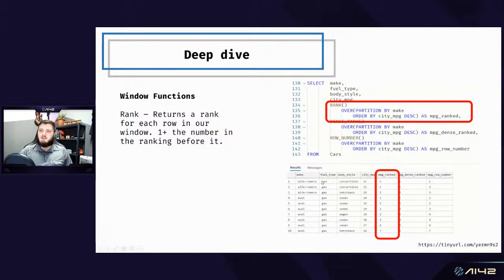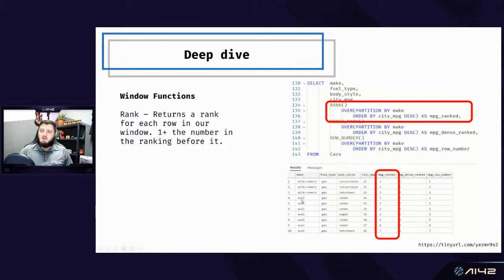The first 2 convertibles are ranked 1 and 1 because they have the exact same value. And then the next Alfa Romeo hatchback is ranked number 3, because the rank is the +1 on the number before it, or all the ones before it.